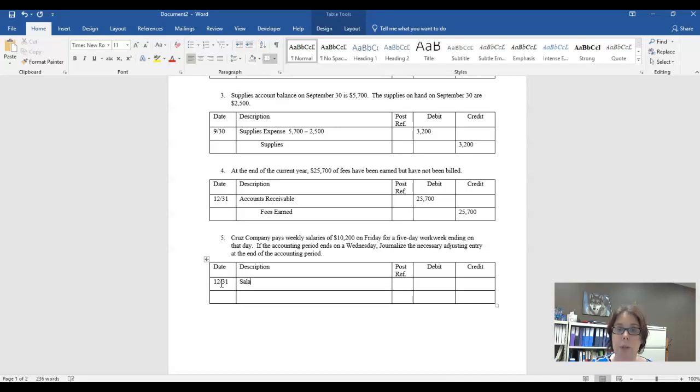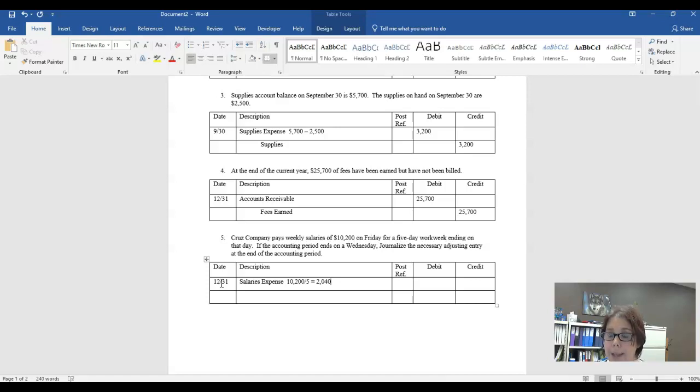What we need to account for with salaries expense, the $10,200 for a 5-day work period means that every day of the week we expense out $2,040 in salaries.